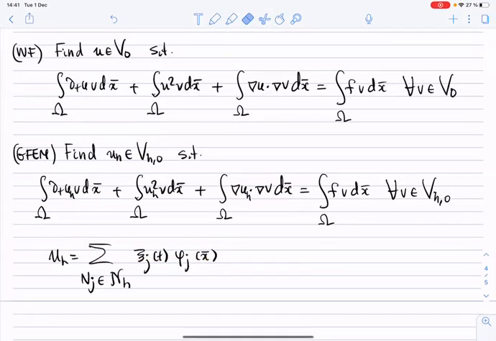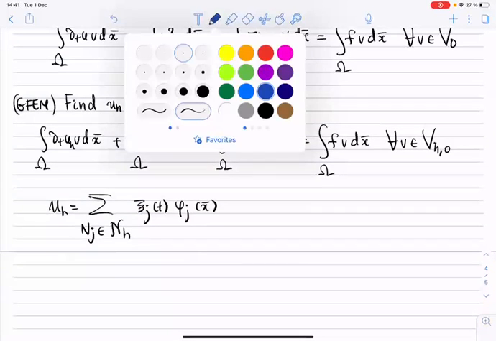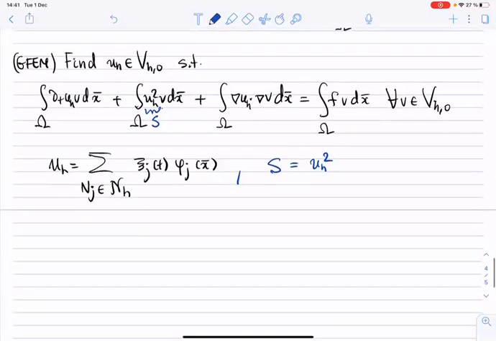So instead we have to do some trick with this nonlinear term, and there was a suggestion in the project. So let's call this term S, so S is UH square. Again, we use this trick.